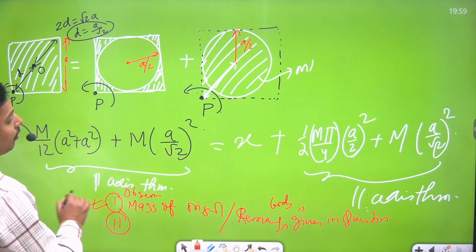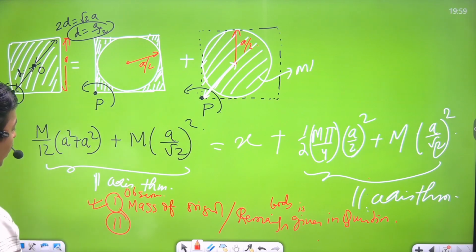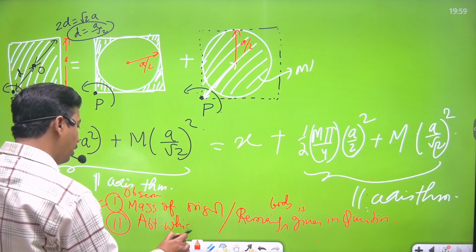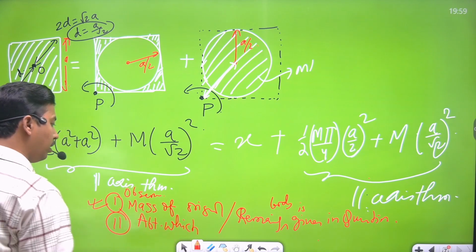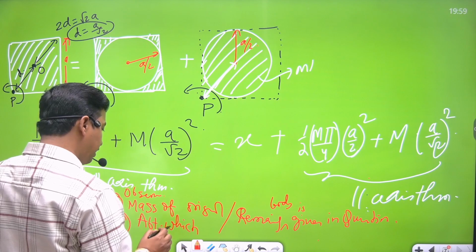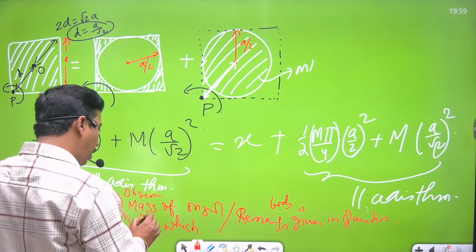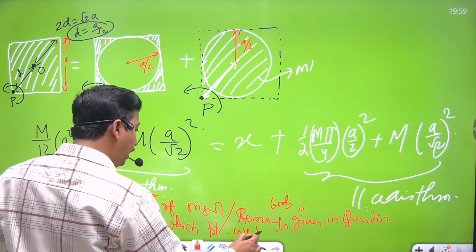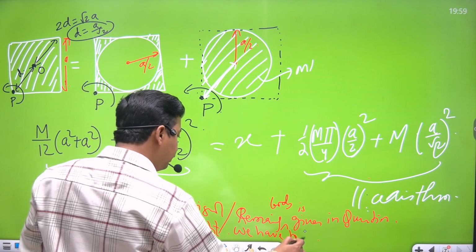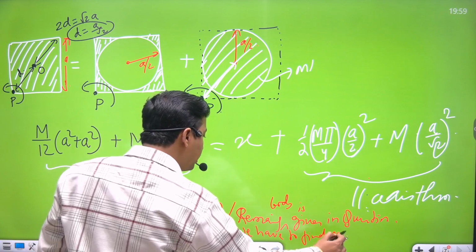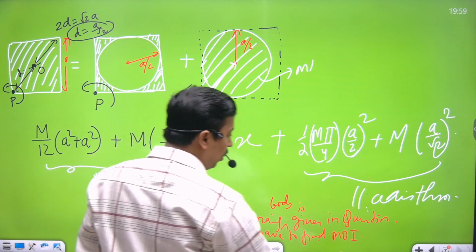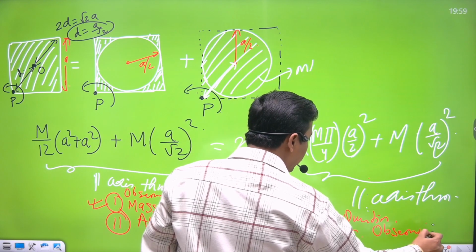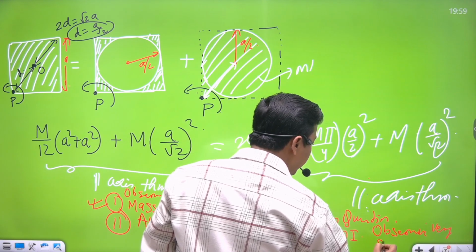Second observation is about which point we have to find the moment of inertia. You must write all these things down separately in your copy. Observe very smartly.